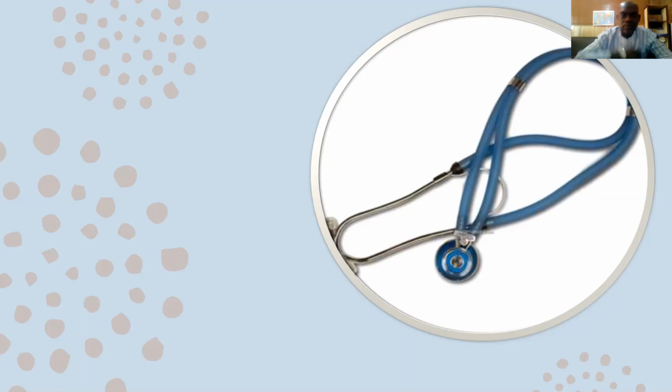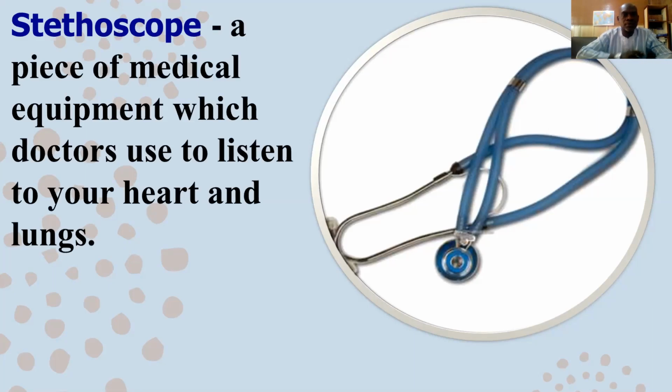Okay, that's correct. A stethoscope is a piece of medical equipment which doctors use to listen to your heartbeat and lungs. That is what the instrument is used for in the hospital.